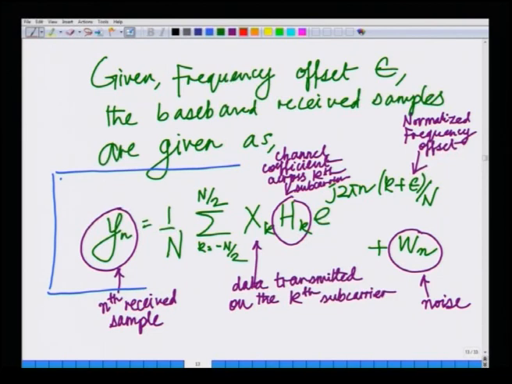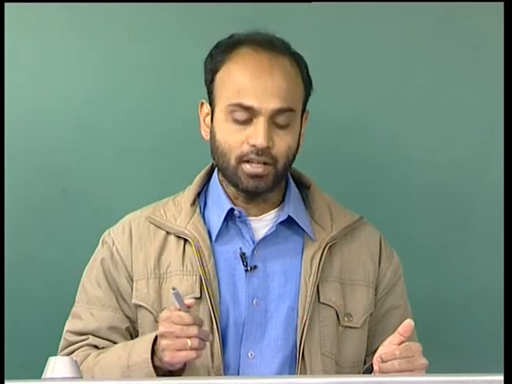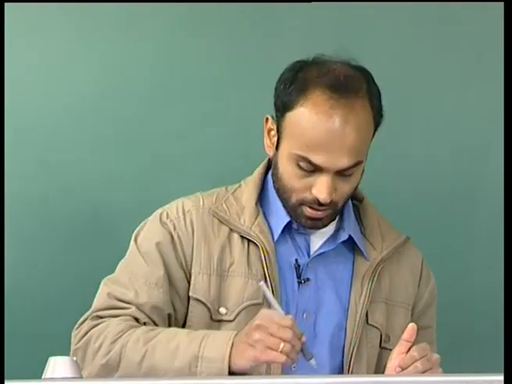That we said is the system model for this. And then we had started looking at what is the effect when you take the FFT of these received samples. Now, with the presence of carrier frequency offset, what is the effect of this on the FFT? That is what we started looking at. So, with that, let us go on to today's lecture.